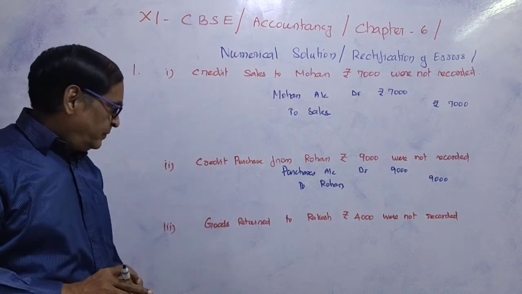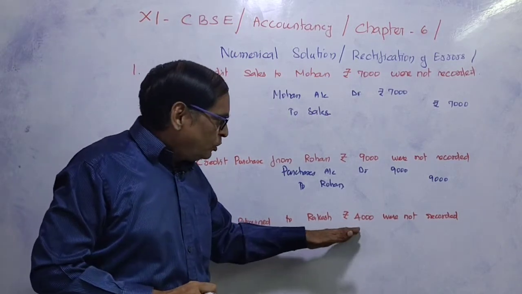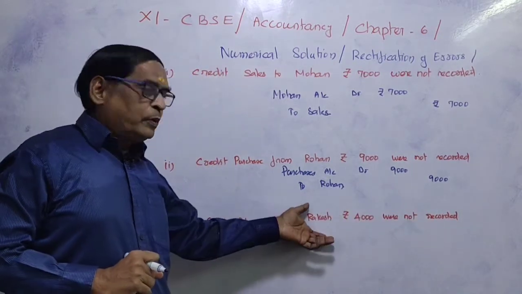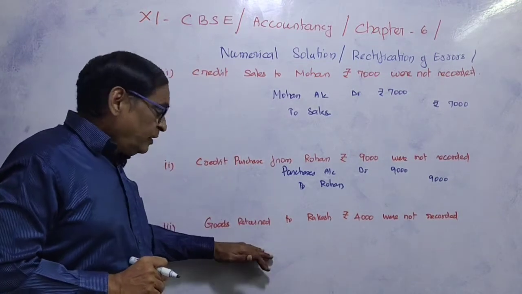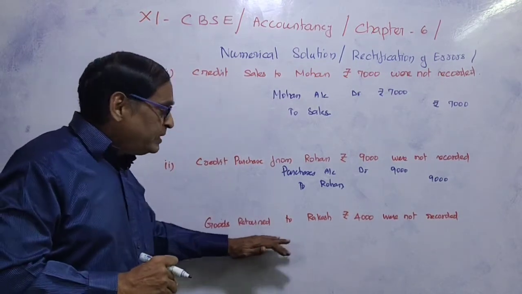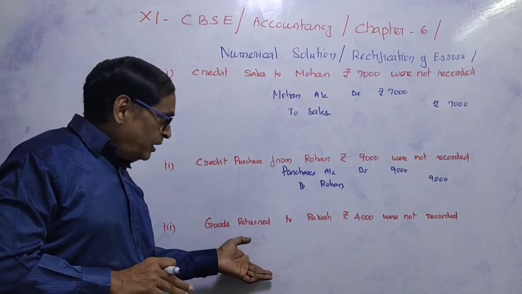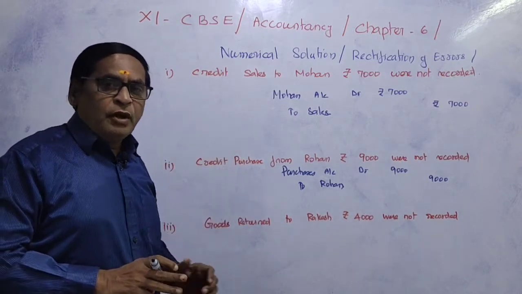And then, goods returned to Rakesh, rupees 4,000, were not recorded. If we return any goods to some party, that means we would have purchased them. Here we are returning, so that means purchase return. We had already purchased from Rakesh, and now we are returning due to some reasons, such as not good quality.